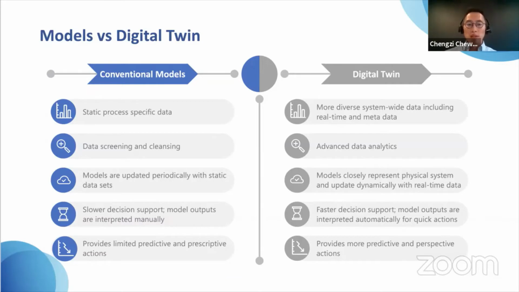And we think that this time to decision making is really the key differentiator that draws the line between the digital twin and the model. Compared to digital twins, a model output really has to be further analyzed and processed before it can be used for any decision making.